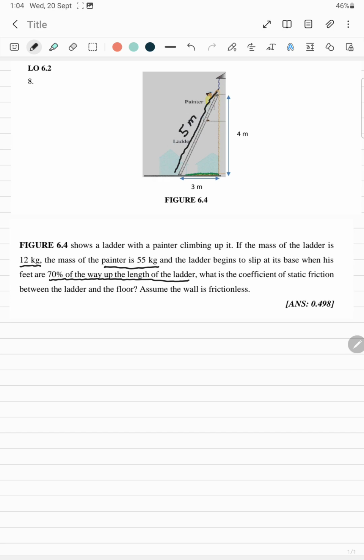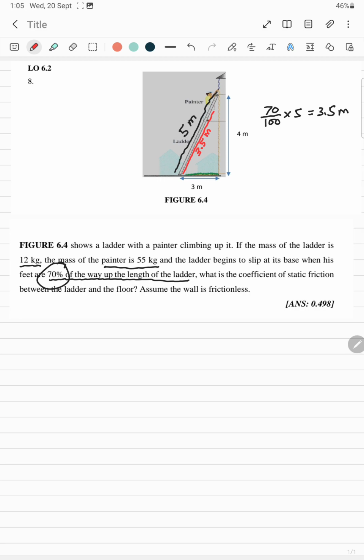Since the panther is standing at 70% of the length of the ladder, I can calculate the position of the panther. 70% of 5 meters will be around 3.5 meters. So it means the distance the panther climbs up before the ladder starts to slip is around 3.5 meters.